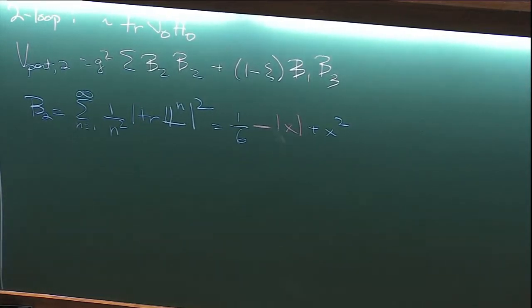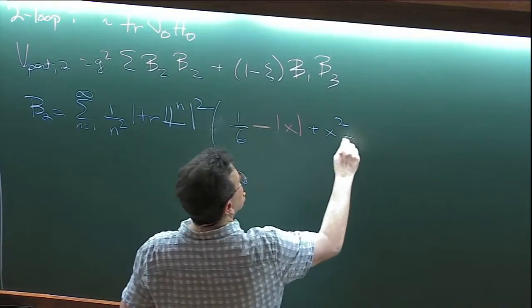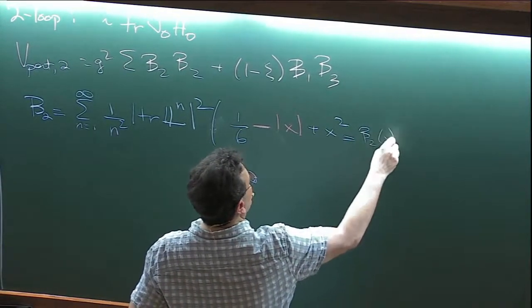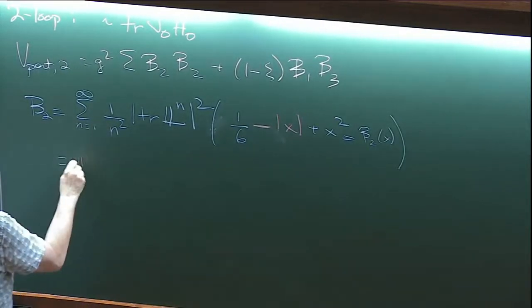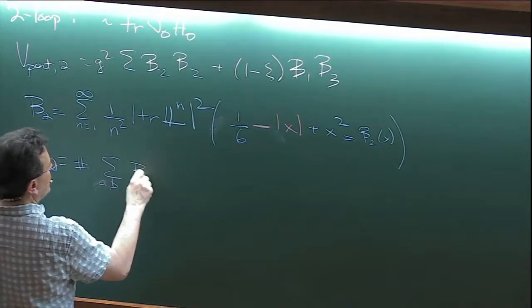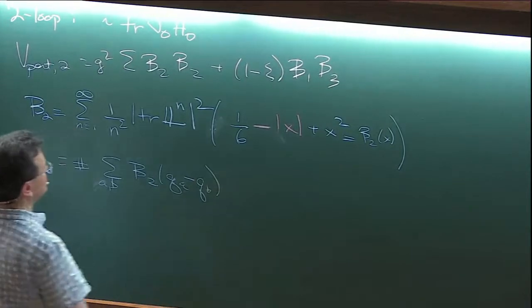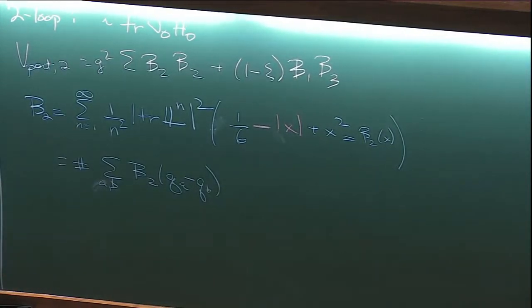Sorry, this x is Q_A minus Q_B. It's the difference in the... Oh, I'm sorry, I've been sloppy. This is B_2 of x. This is some constant times the sum over A and B of B_2(Q_A minus Q_B). You always have to sum over the colors, sorry.